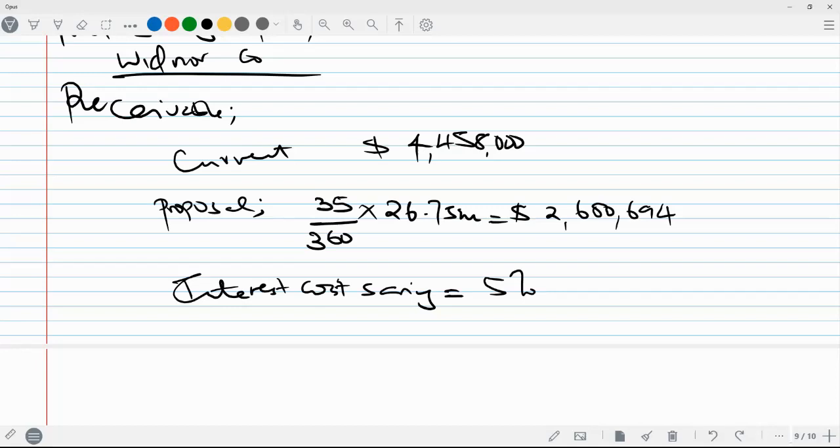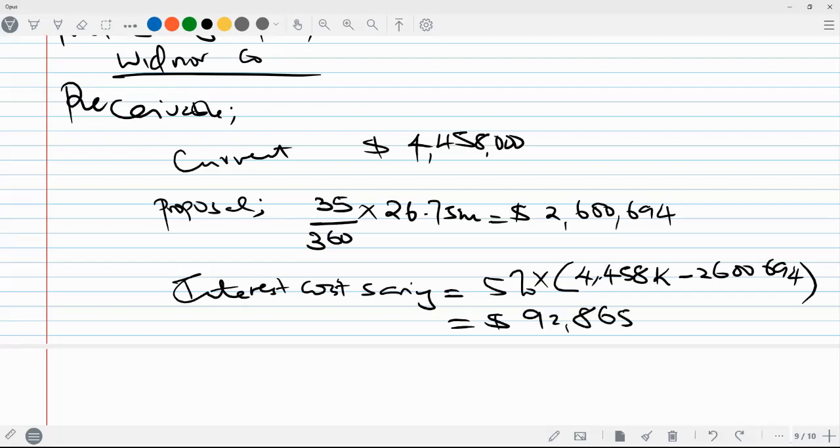Therefore, 5% multiplied by the decrease from 4,458,000 minus 2,600,694. The annual interest cost saving is therefore 92,865 per year because of the reduction in the investment.